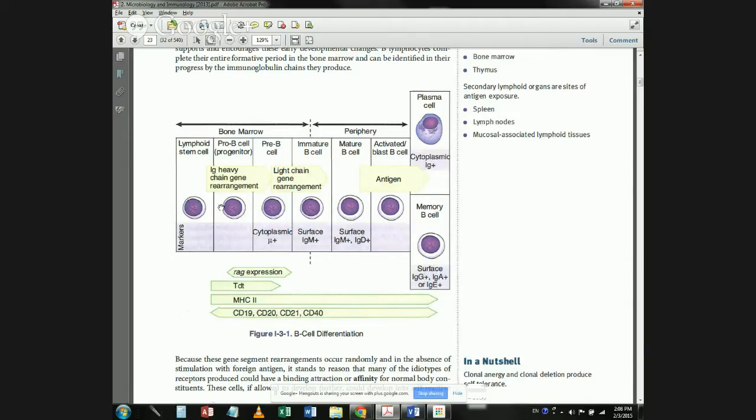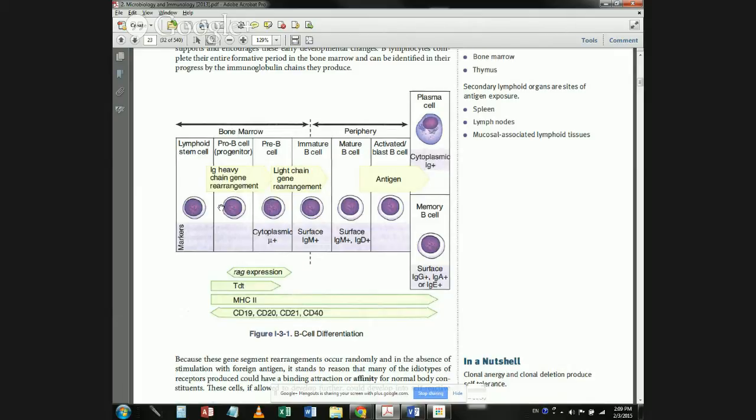So then once the light chain, after that, you have your cell entering into an immature B cell, and that's when the surface is IgM positive. This is interesting. And then once the light chain is also matured, in a mature cell, the light chain will apparently go ahead out onto the surface and bind to the IgM and the IgD.